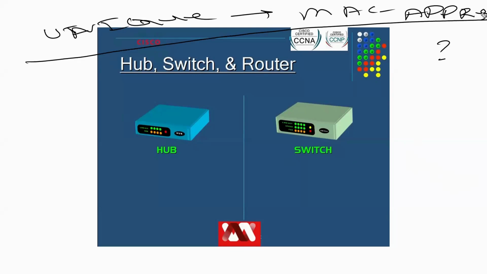That's why a switch can send traffic only to the port it's intended for. What it does is keep a MAC address table. It has some sort of MAC address table all the time. It always carries that table.